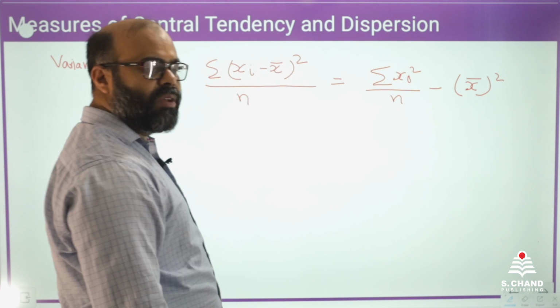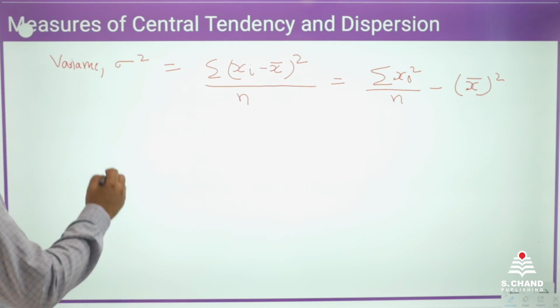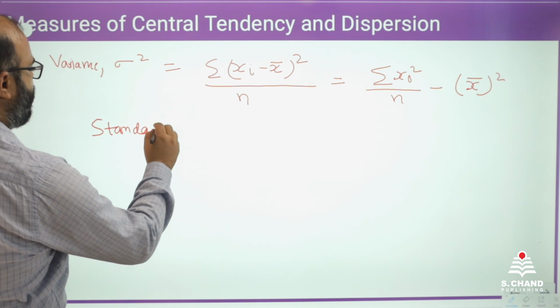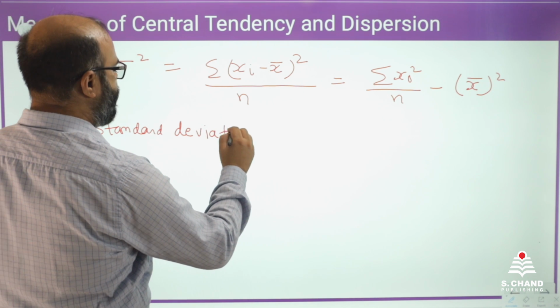After simplification we get this. We can apply this one also or this one also, whichever is easy to apply. The standard deviation is root over variance, that is actually sigma.